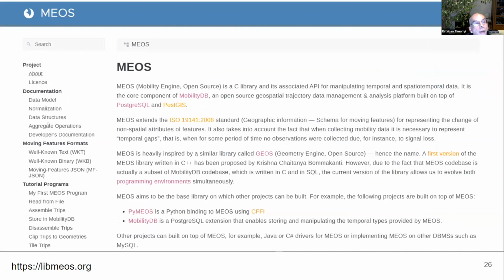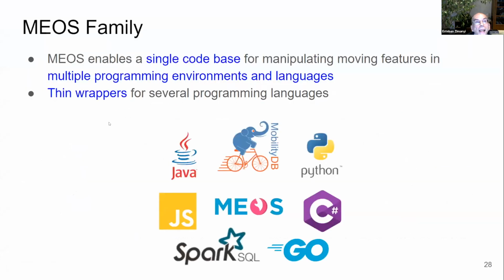And of course, when you have a mobility data type and I need to clip, for example, a flight to one particular geometry, inside MEOS I call the GEOS function for intersecting, for example, a line string and a polygon.